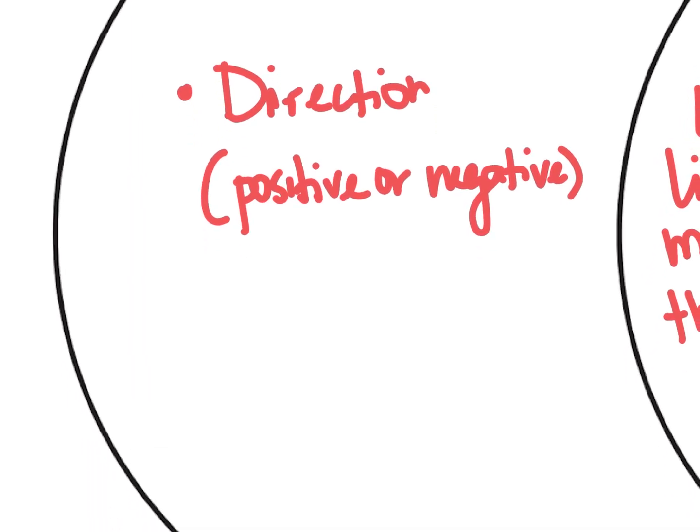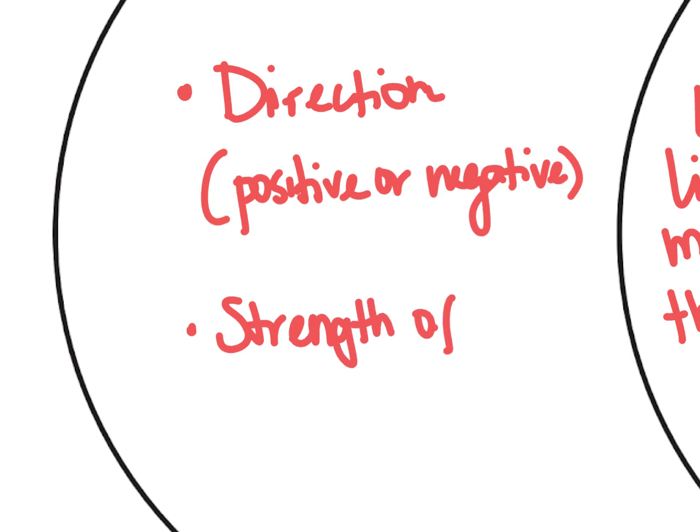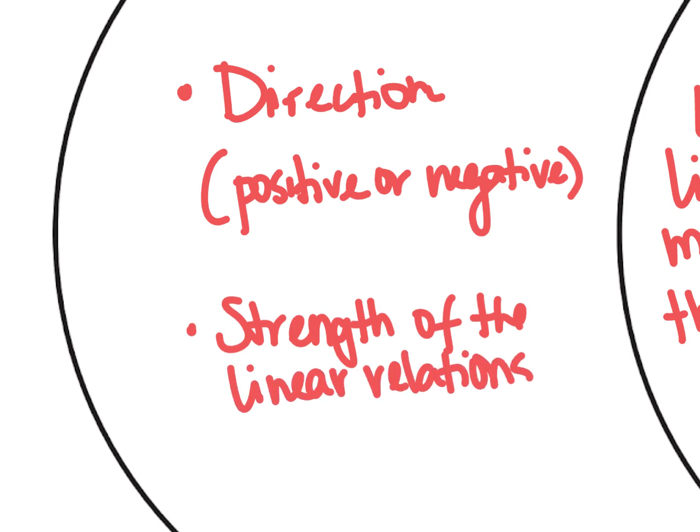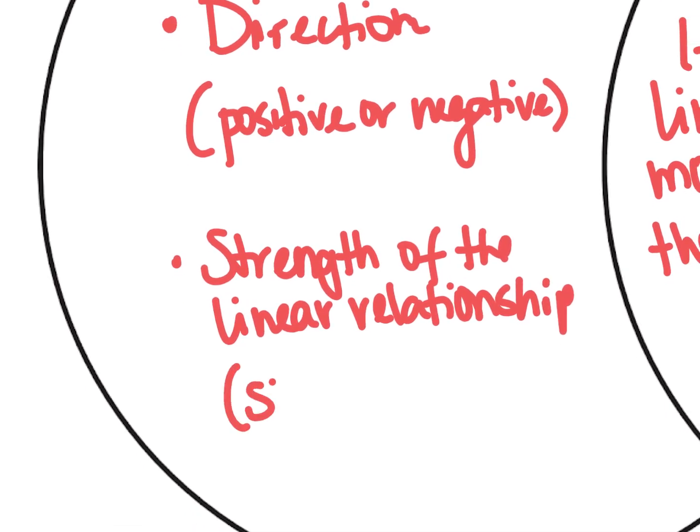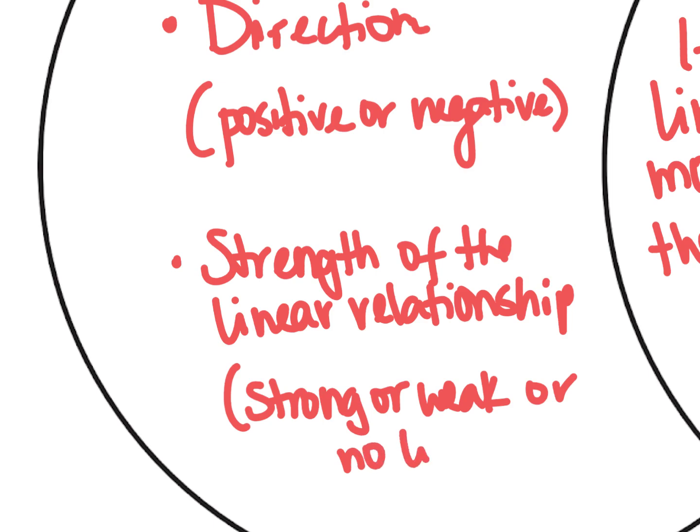And we also learn strength of the linear relationship. Okay, and so the strength can be described as strong or weak or no linear correlation.